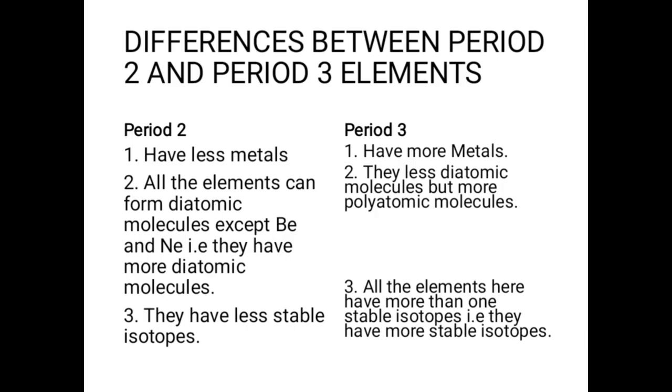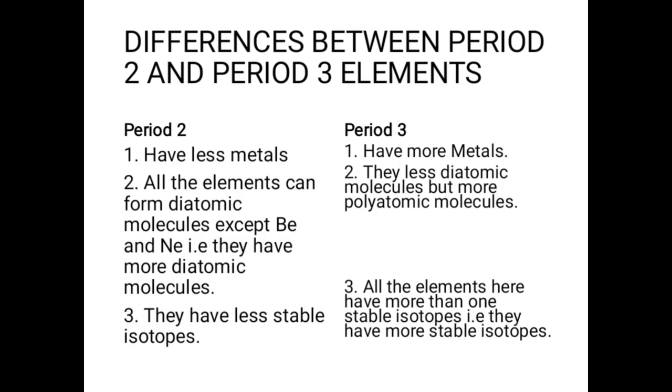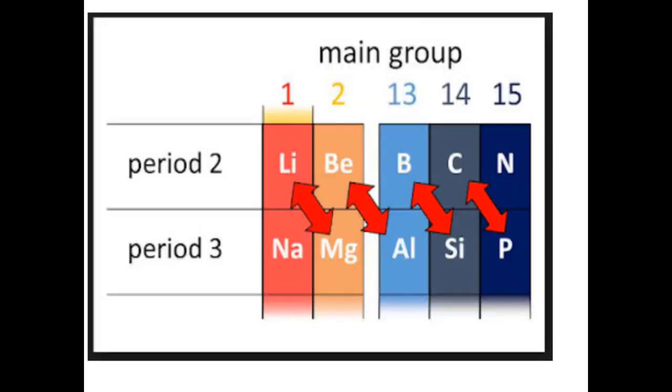But if you check period 3, you have 3 metals. So period 2 has 2 metals, period 3 has 3 metals. That's sodium, magnesium, and aluminium. That's number 1. Number 2, all the elements can form diatomic molecules in period 2 except beryllium and neon. And why? Because beryllium is a metal, it cannot form a diatomic molecule.